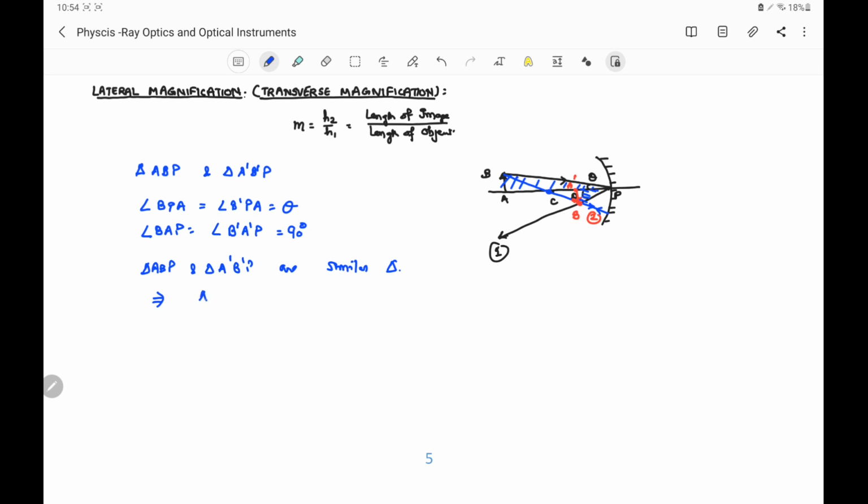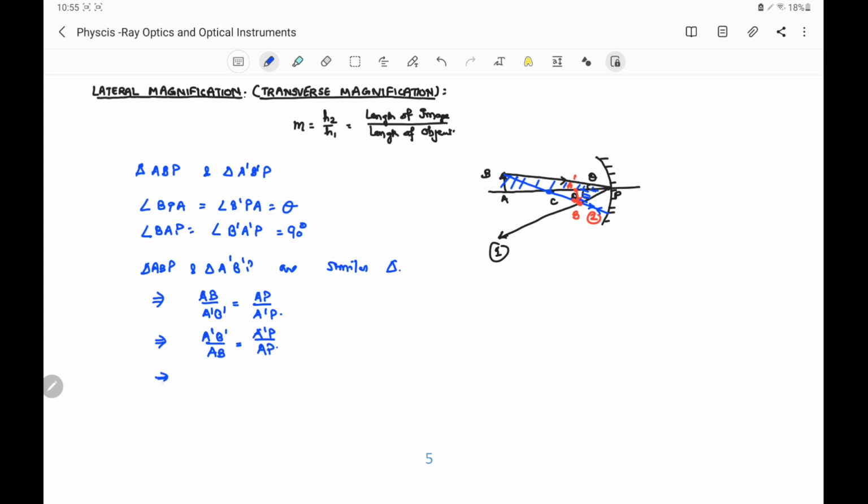Hence, we can write that AB by A dash B dash equals AP by A dash P, or A dash B dash by AB equals A dash P by AP if we invert.